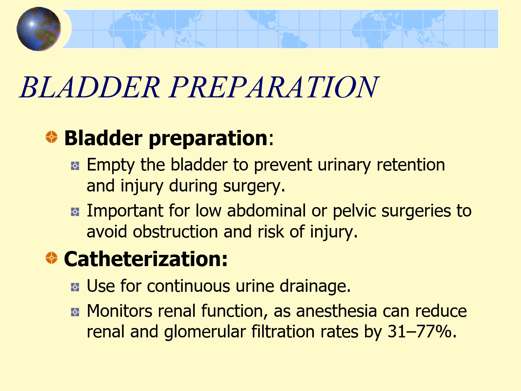In such cases, catheterization is recommended for continuous urine drainage and to monitor renal function, as studies show that renal and glomerular filtration rates can decrease by 31 to 77% during general anesthesia.